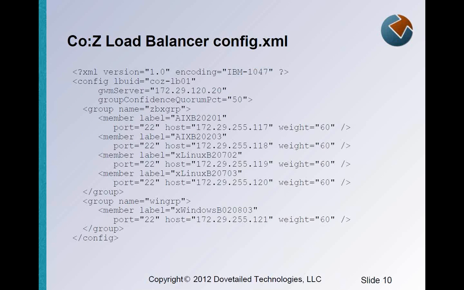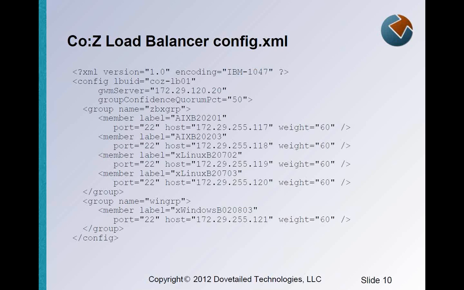Okay, so before we look at the screen, let's take a look at a configuration file for the load balancer. This is a very simple XML document. It consists of a root level element called config, and the config element itself has three attributes.